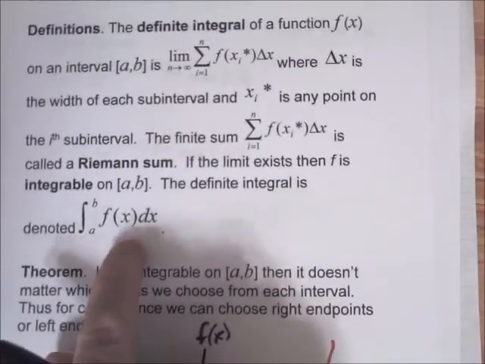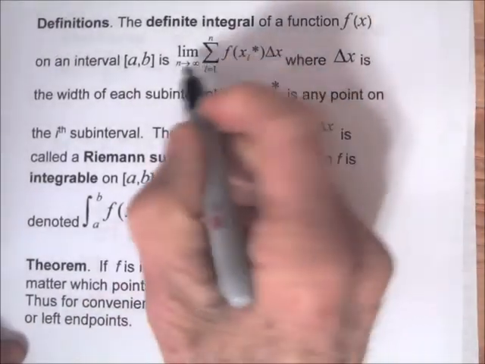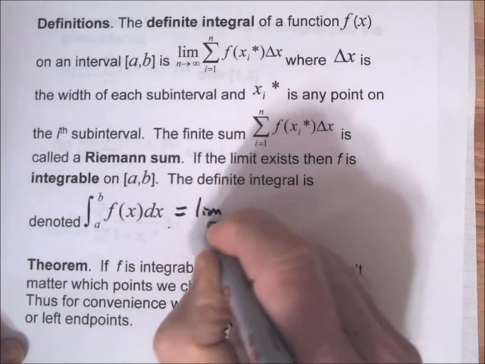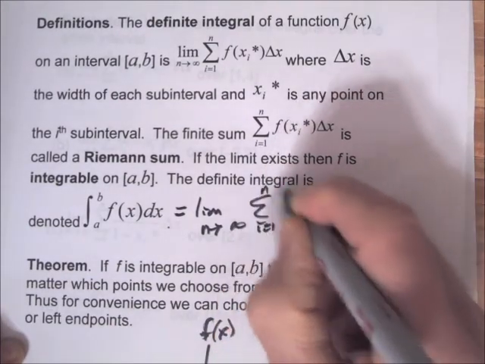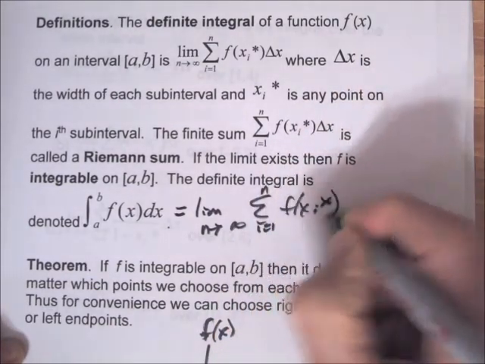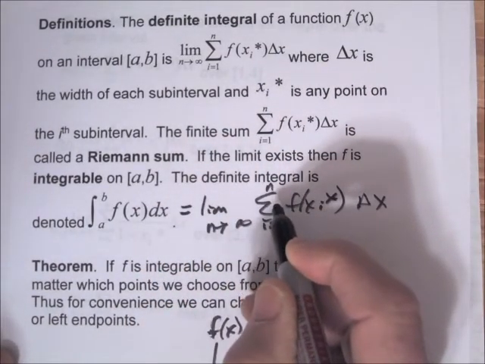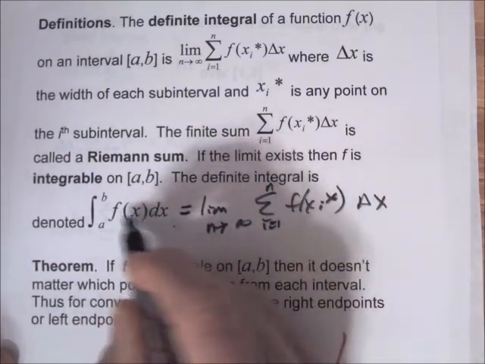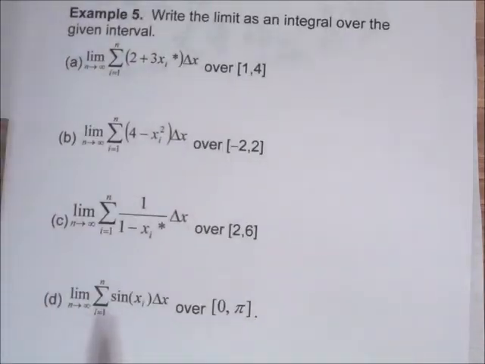The integral of f of x dx is equal to the limit of this sum, the sum from i equals 1 to n of f of x i star delta x. We're starting with the limit and going to write it in integral notation. So it's just a change of notation here.